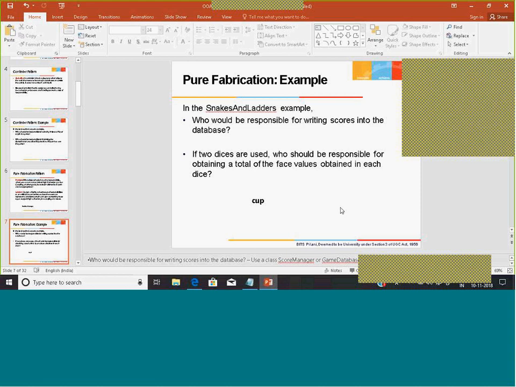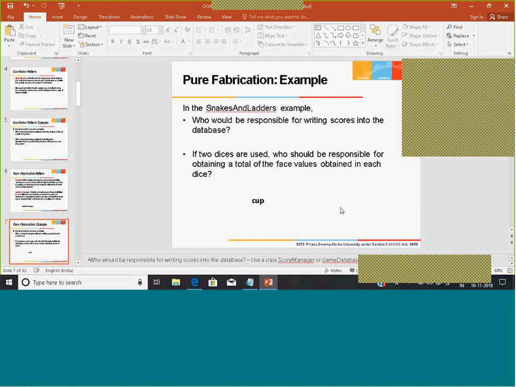These fabricated classes might be a part of the system, but are fabricated in order to fulfill a particular set of responsibilities which, if done by the information expert, lower its cohesion. This is one main reason why we go for a pure fabrication class: the solution offered by the information expert lowers the cohesion of the particular class, and that's the reason we fabricate a new class.